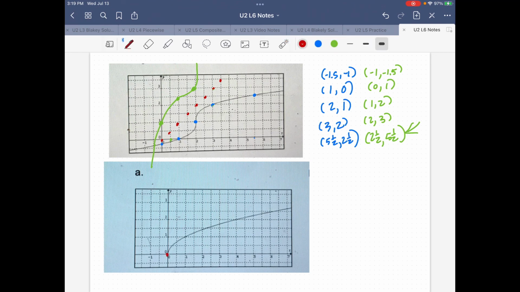This is a radical function, so I've got 0, 0, 1, 1, 4, 2. My inverse points are going to be 0, 0, 1, 1, 2, 4. So I've got 0, 0, 1, 1, 2, and I'm barely going to be able to get 4 on here. Okay, but that's going to be my inverse.